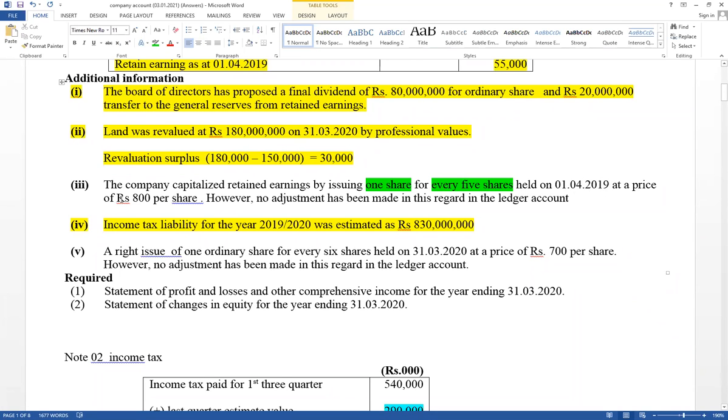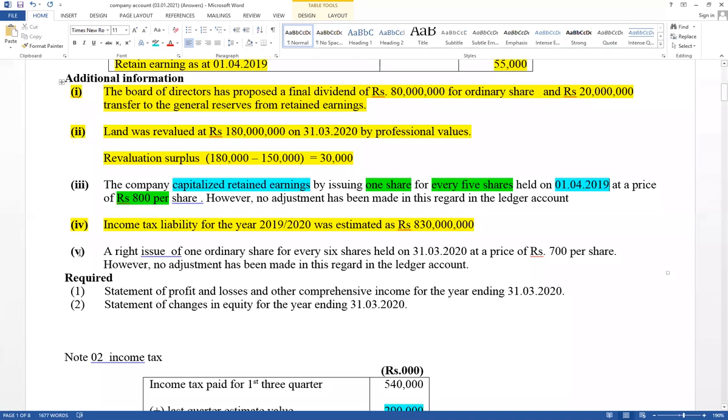Per share price is given 800. Those are called bonus issues. Company issues shares to the existing shareholders without cash. Capitalize retain earning. Therefore, reserves, retain earning you have to use. Beginning of the year. Date also very important.